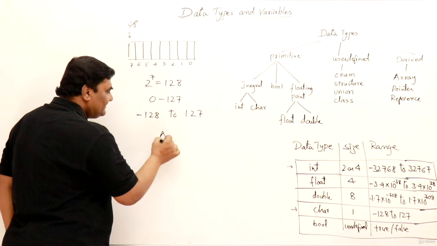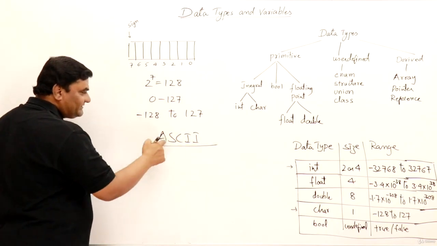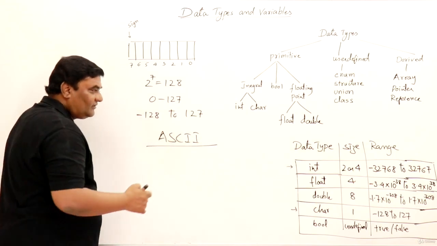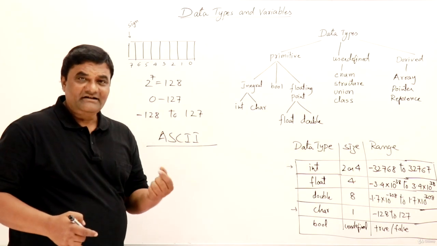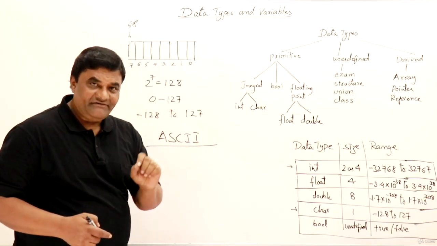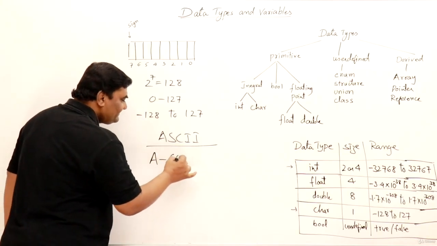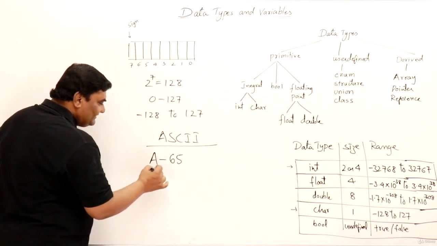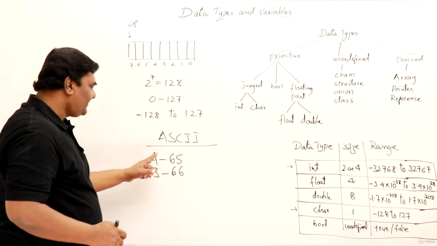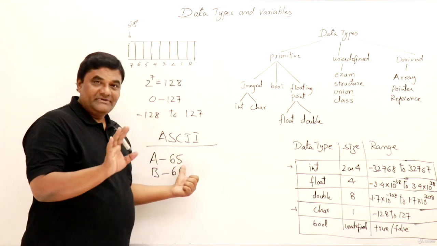The codes are called ASCII codes, American Standard Code for Information Interchange. So for every alphabet or every letter in English language as well as the special symbols, there is a code given. So what are those codes? Capital A is represented as 65, and B is represented as 66. So a number is used for representing character. Now, this is the number 65.